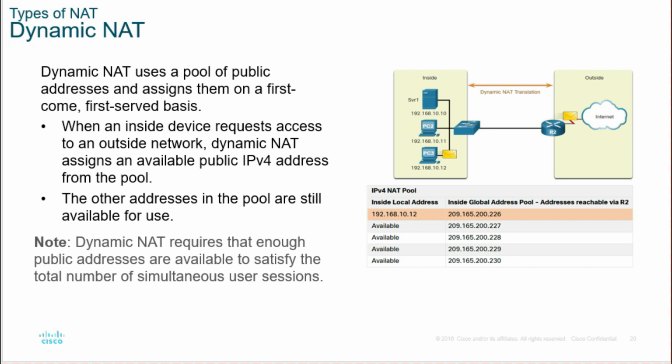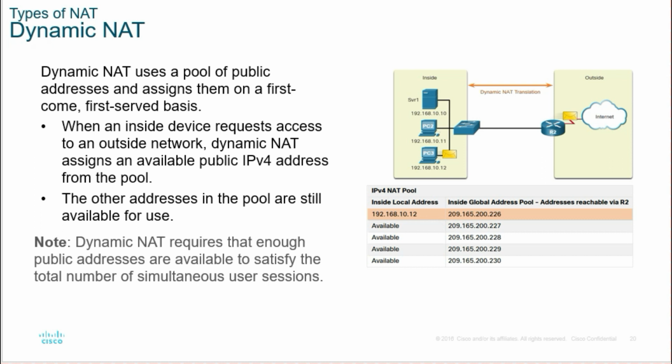Untuk dynamic, kita akan ambil a pool of available inside global addresses dan bila perlu, kita akan buat mapping. Bila perlu means when there is a request for a connection to the outside world.